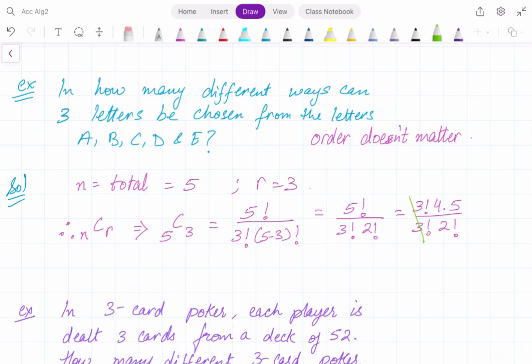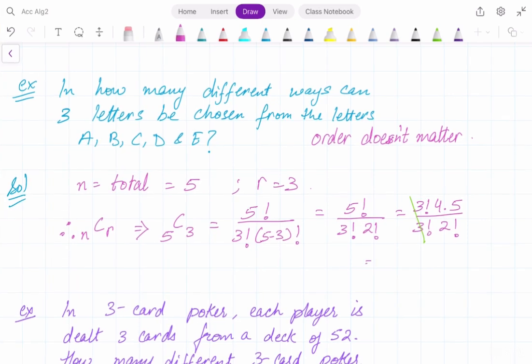So the answer will only be equal to 10. Right? Let's take one more example.